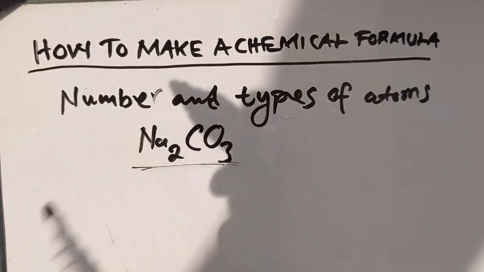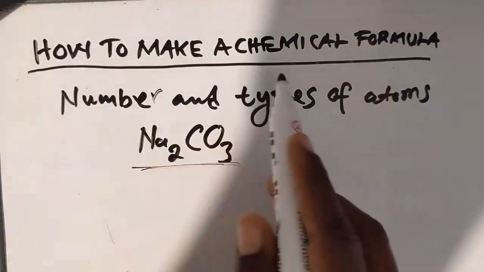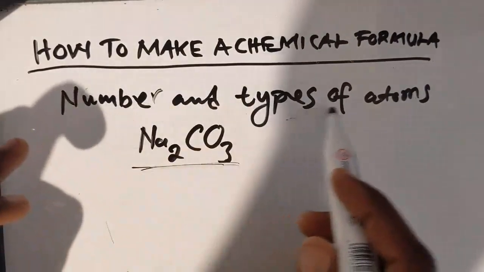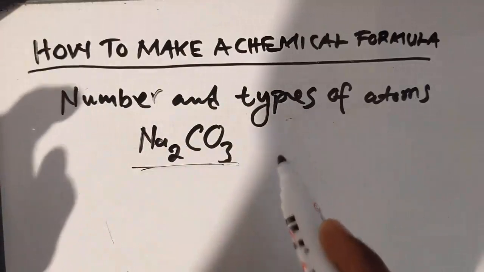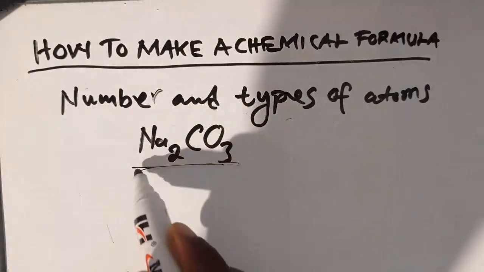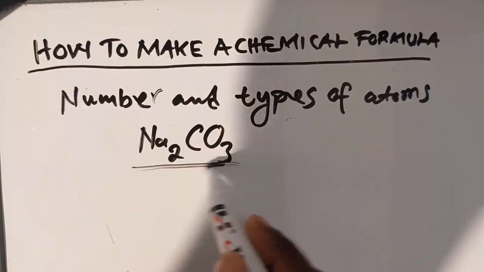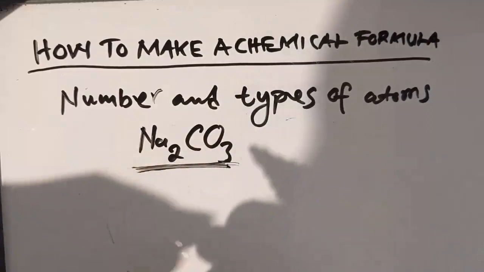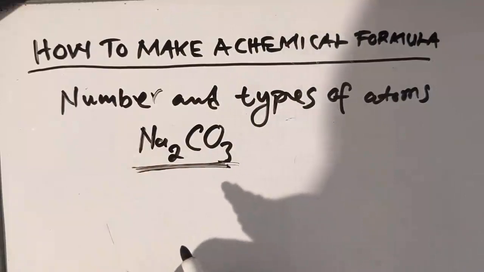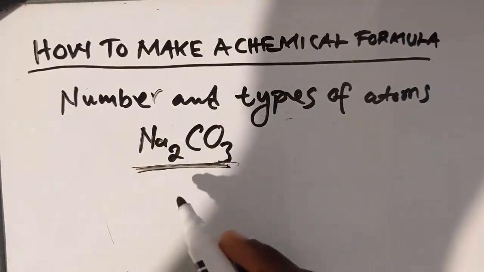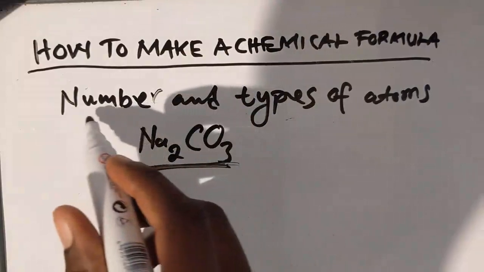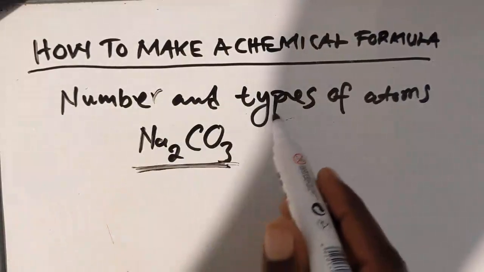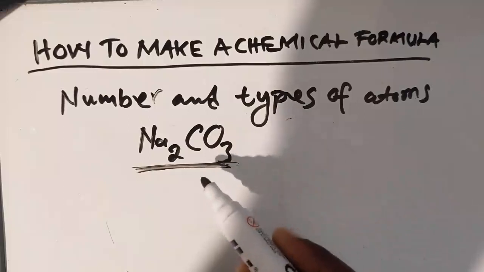We have said that a chemical formula is a representation of the number and types of atoms present in a compound. So this is actually a compound. The compound is a combination of two or more atoms.